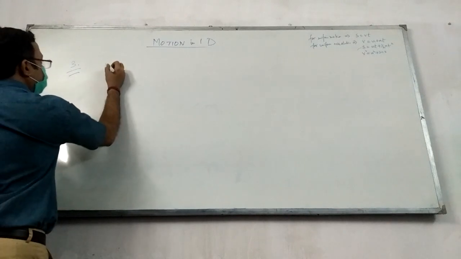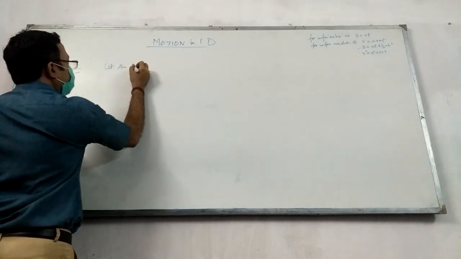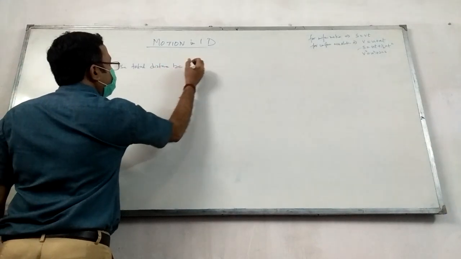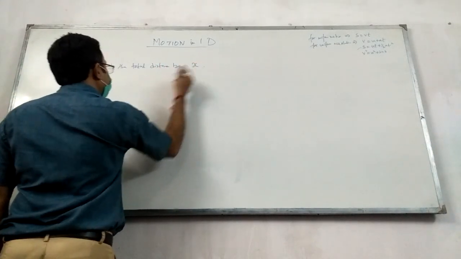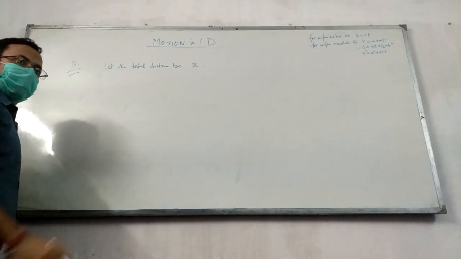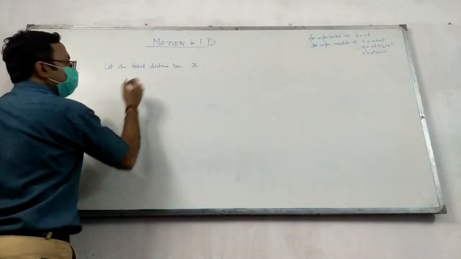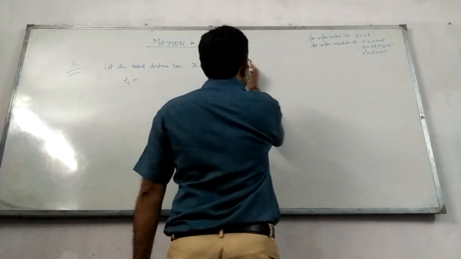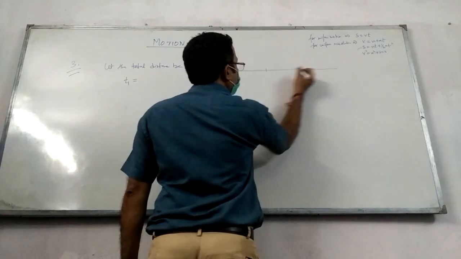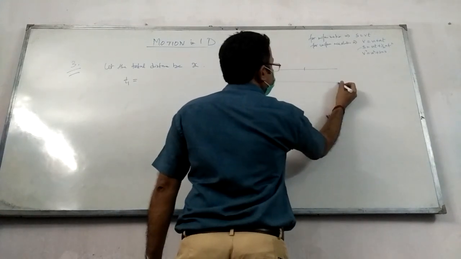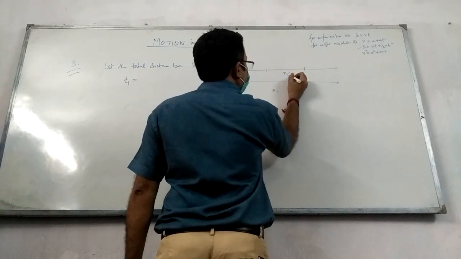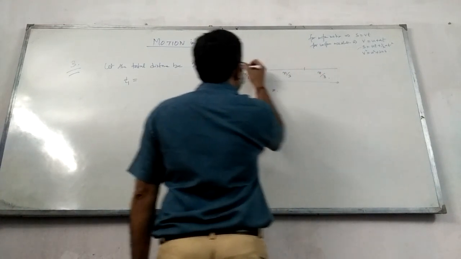So let's take the total distance to be x. Okay. So t1 is what? Time for the first 1/3. See, this is the length it is traveling. This whole length is x, and x by 3, x by 3, x by 3 are the 3 parts.